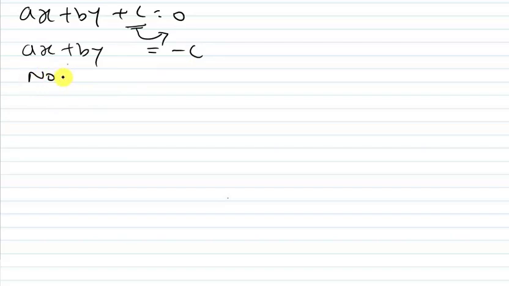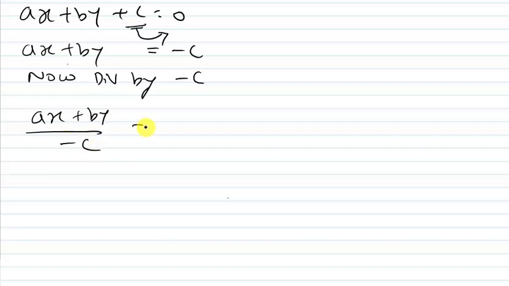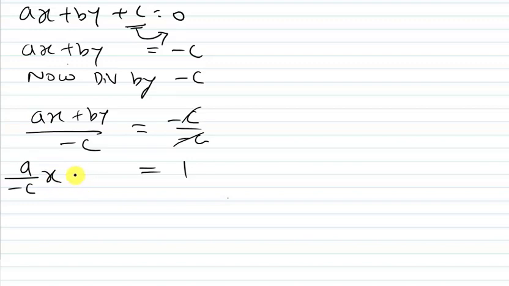Now divide by minus c. What I will get? ax plus by upon minus c equals minus c upon minus c. Here minus c will get cancelled and I will get 1. Now separate this. What I will get? a upon minus c x plus b upon minus c y.